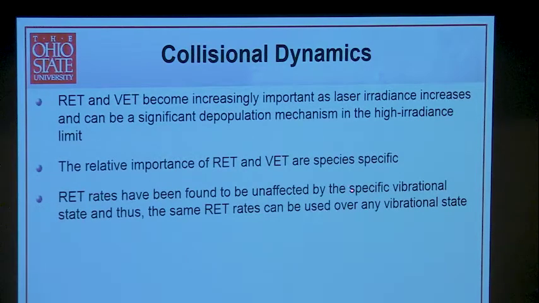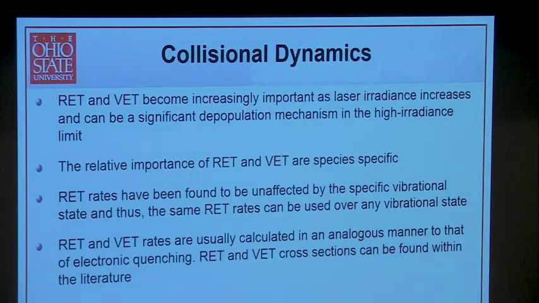RET does not seem to be a function of the particular vibrational state that you're looking at. So once you know one set of RET rates, they're good for any vibrational state. They're calculated in an analogous manner. You do some measurements, you figure out the transfer, and then they're effectively put into a parameterization with cross sections. So again, you go in and you look up the rates.